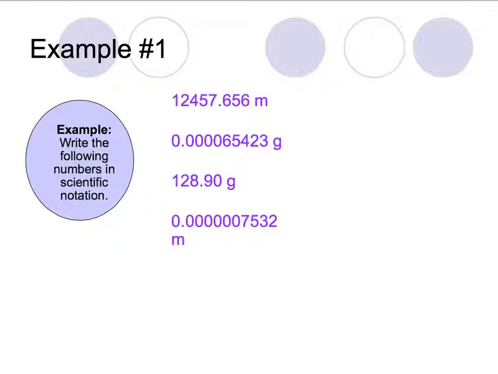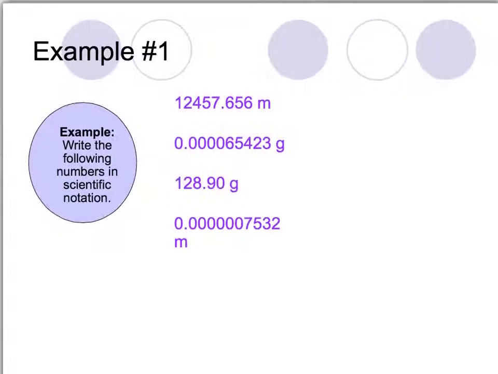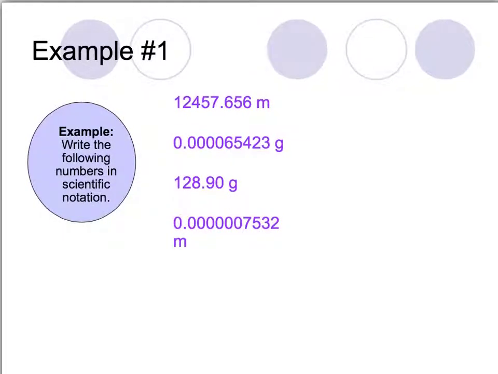So here, if we have 12,457.656, let's do some scientific notation. First off, we're going to do all of these to 3 places, just so that we don't have so many numbers. We would start with the decimal point, and we would move the decimal point until there's only one number before it.